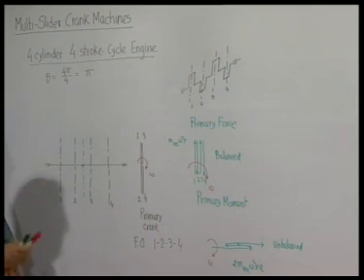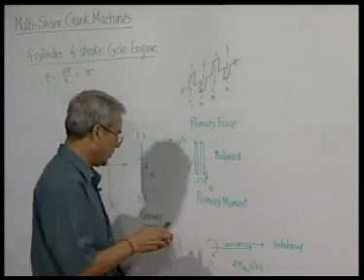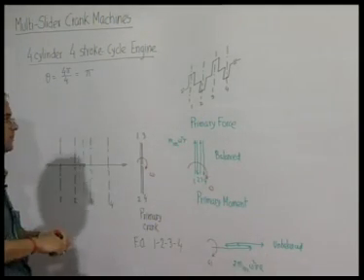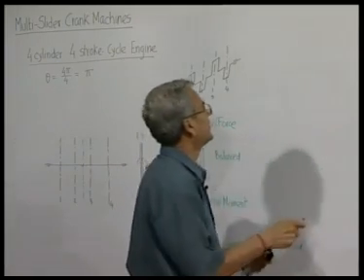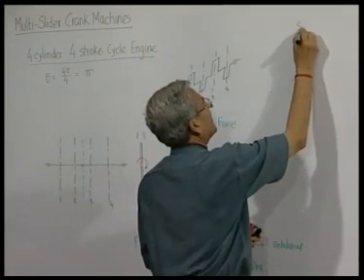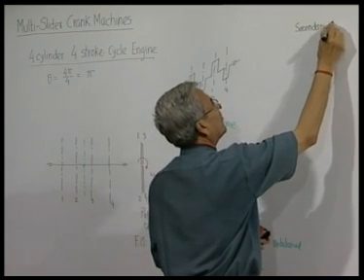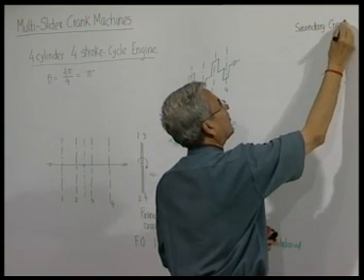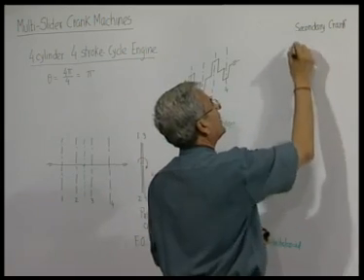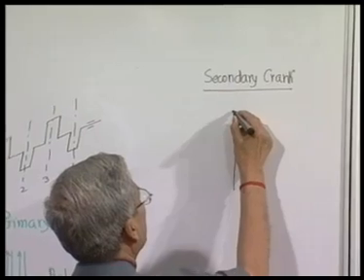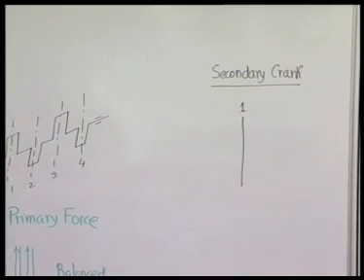the maximum value. What about the secondary? Now, when you draw the secondary crank, 2 into 0, that is for cylinder number 1 or crank number 1, it will be 0.